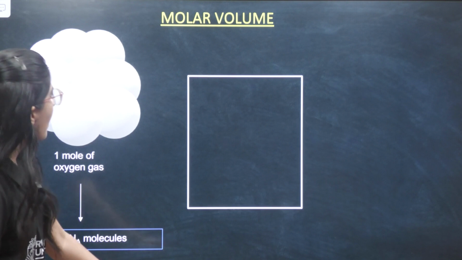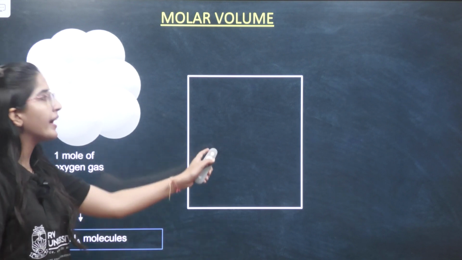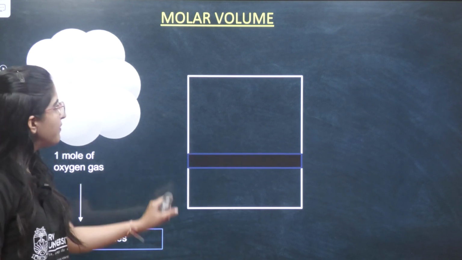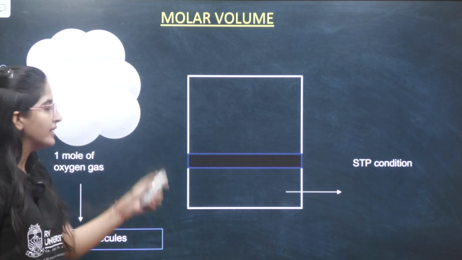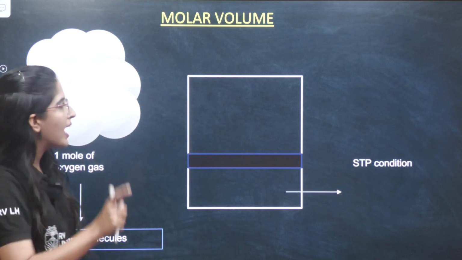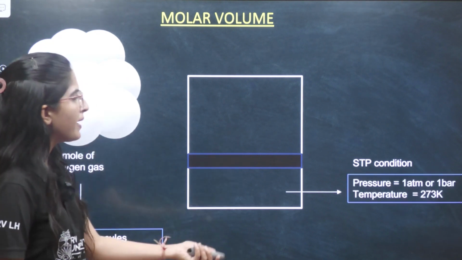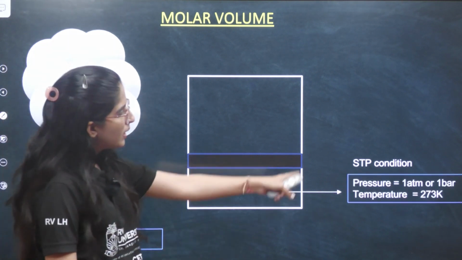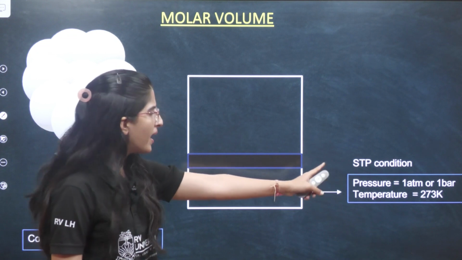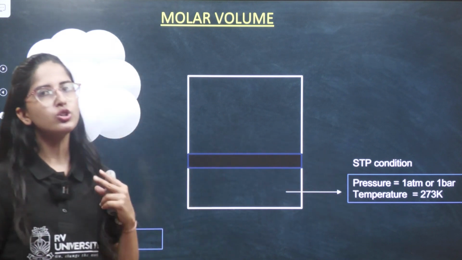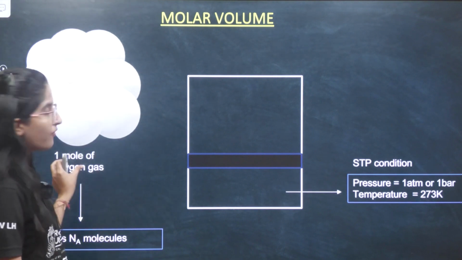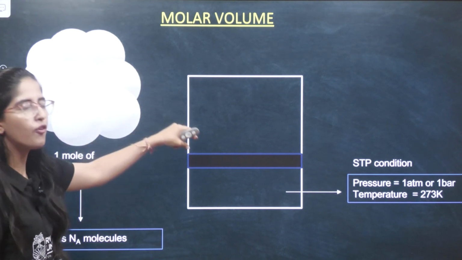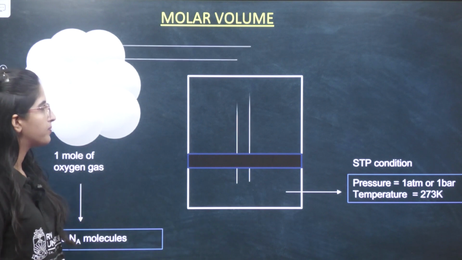Correct? Now, I will take a container with a movable piston, so it can move by itself. And this container is at STP condition. What do you mean by STP? Standard temperature and pressure. Pressure must be 1 atmosphere or 1 bar and temperature must be 273 Kelvin. At this condition, I add this 1 mole of oxygen gas into the container.